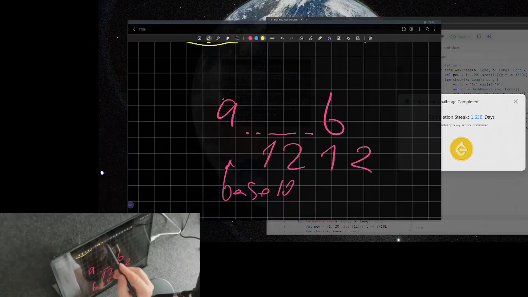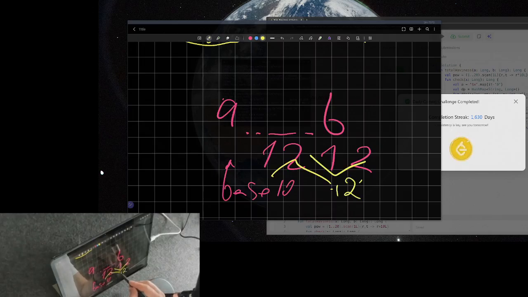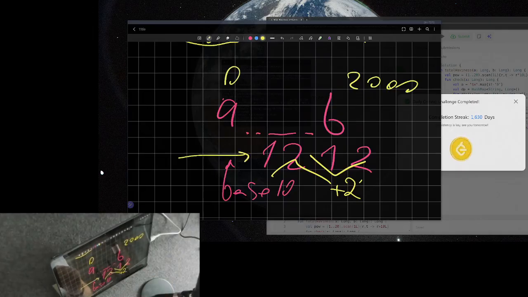We have these valleys and hills, and this is just plus 2. Imagine we have all of these numbers from 0 up to 2000, and this is just one case of one number. We have to find the entire sum over the whole range.